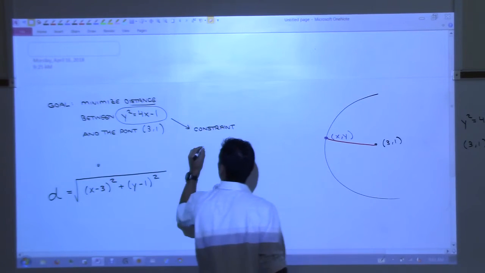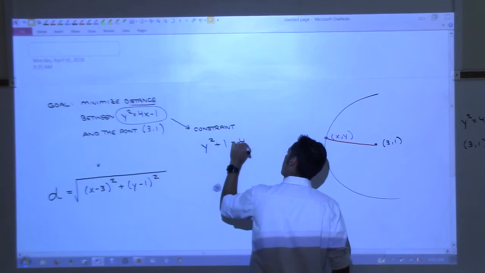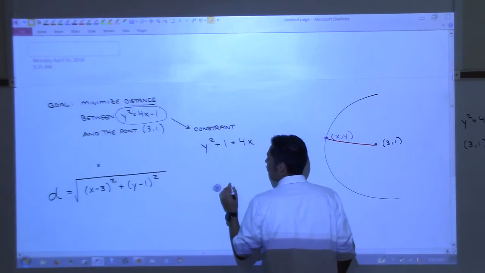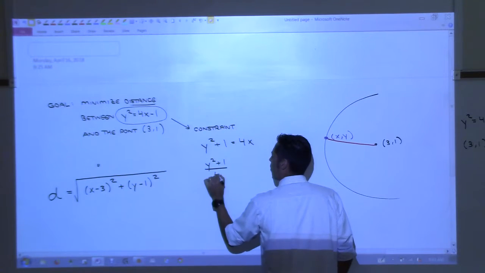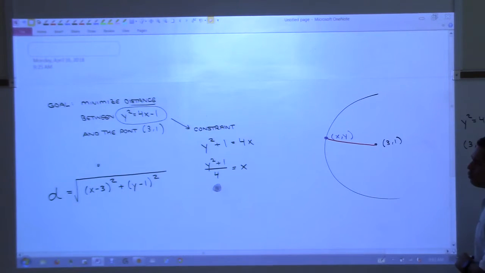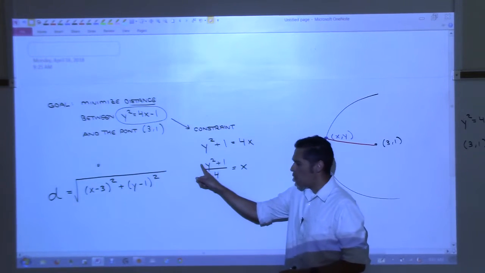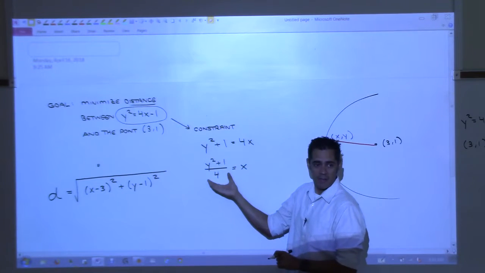So my constraint, let me solve it for x. So I'm going to add 1 to both sides and then divide by 4. So y squared plus 1 over 4 equals x. I'm probably going to wind up doing like 1/4 y squared plus 1/4. I don't know yet, but this is what it is, yes?